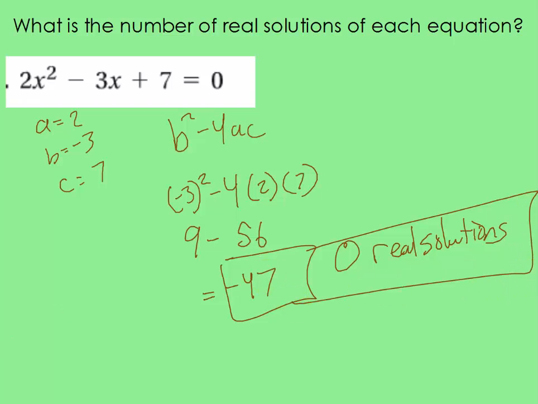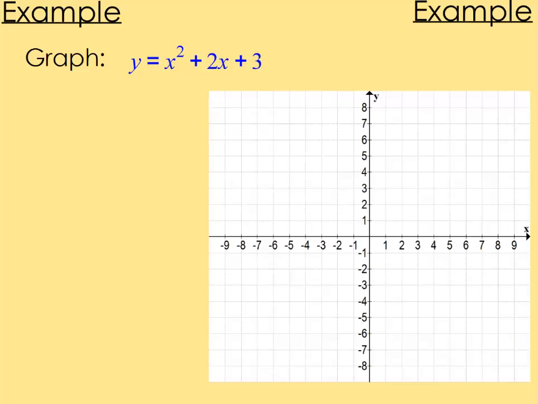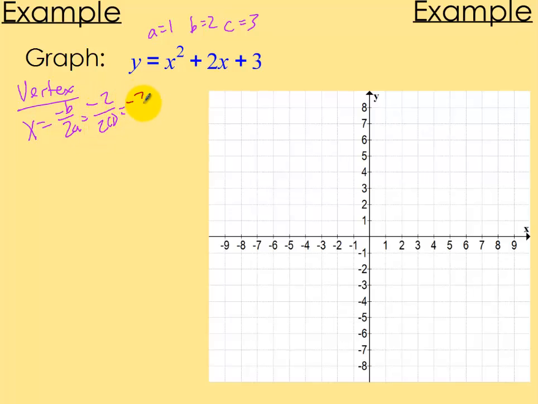All right, let's try some examples. Pause the video. All right, I want to graph. My a value is 1, my b value is 2, and c value is 3. So I've got to find the vertex first. So for the vertex, the x value equals negative b over 2a, which is going to be negative 2 over 2 times 1, which is negative 2 over 2, which is negative 1.